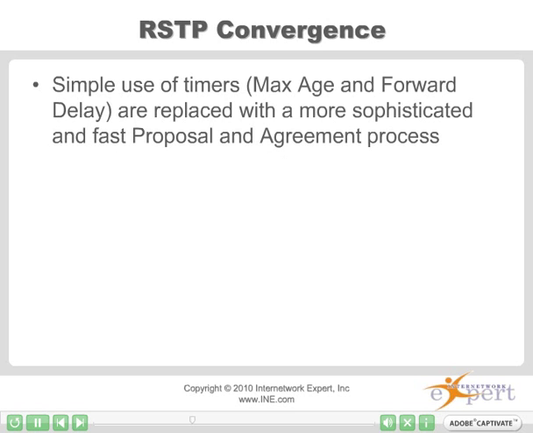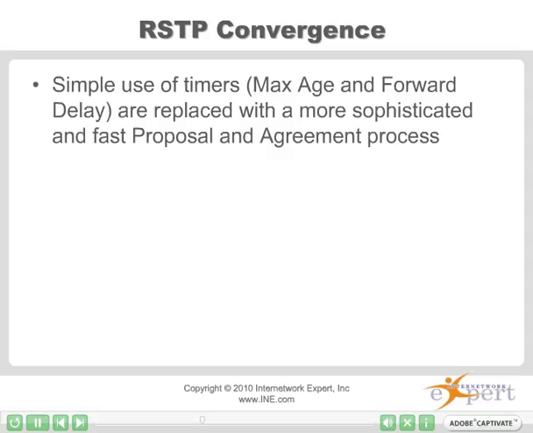But the biggest enhancement regarding improved convergence for Rapid Spanning Tree Protocol is by far the new proposal and agreement process. This proposal and agreement process replaces Classic Spanning Tree's reliance on simple and inflexible timer values of max age, forward delay.